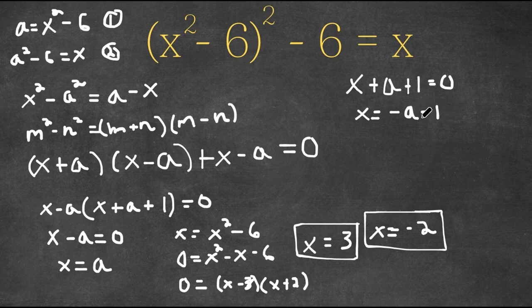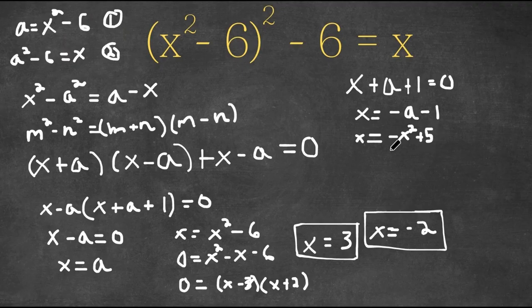And I'm actually going to plug in a. a is x² − 6, so this means x is equal to −1 times x² − 6, which is −x² + 6, minus 1, and 6 minus 1 is 5. So we have −x² + 5.